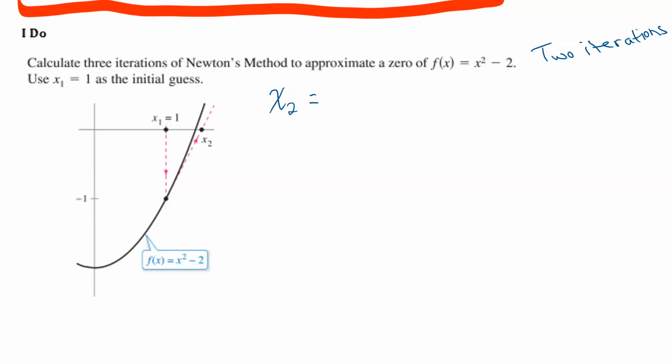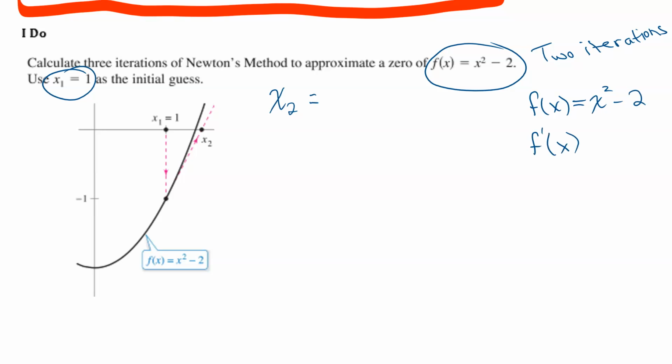So here, my x1 is 1, and my function is x squared minus 2. Our first step is to record that equation, and we have to find the derivative as well. Then once we have that, we're ready to set up our equation.